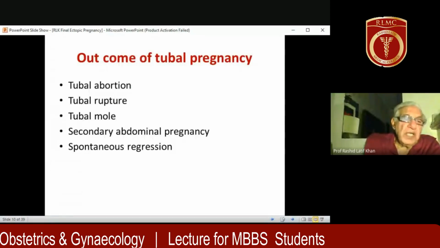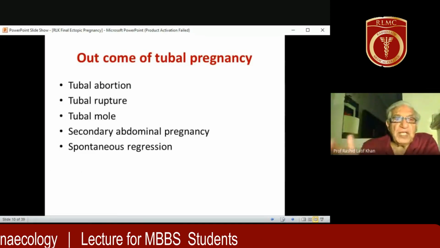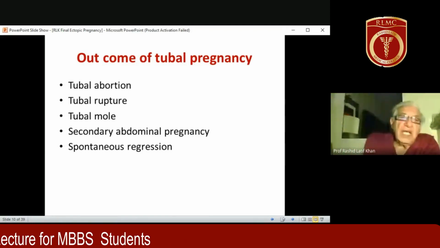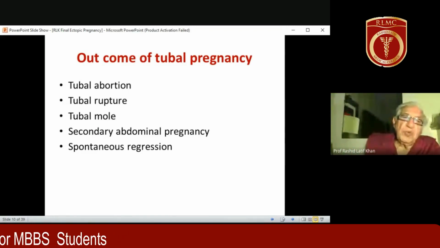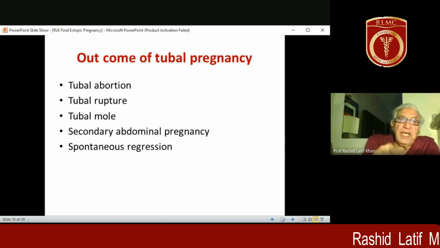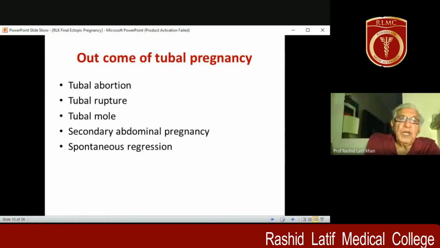And if it takes place in the narrow part of the fallopian tube, or any other part, then the risk of rupture of the tube is there, tubal rupture. Sometimes it happens that pregnancies are dislodged from their implantation, but bleeding continues around it, and that will be called tubal mole.